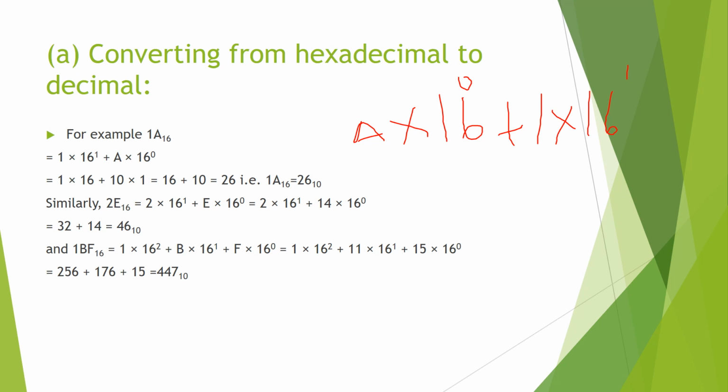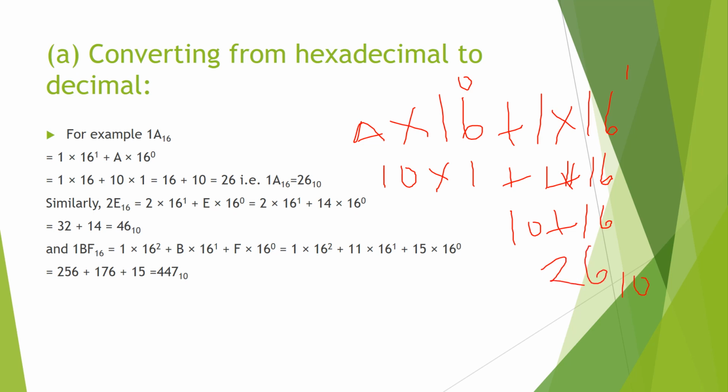A is equivalent to 10. Then multiply by any number raised to power 0 is 1, then plus the other one is 1 times 16 as well. So in this case we get 10 then added to 16, which is giving us a 26 base of 10, equivalent to 1A6.